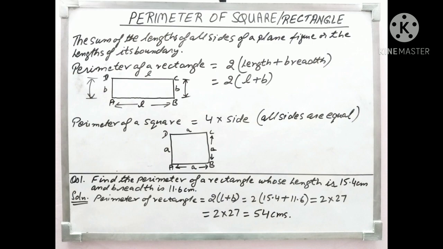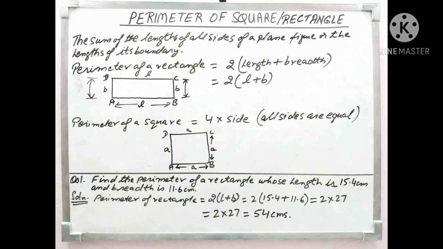Suppose we have to find the perimeter of a rectangle. If we see the rectangle ABCD, we find that the length is L and the breadth is B, then we will find the perimeter like AB plus BC plus CD plus DA.